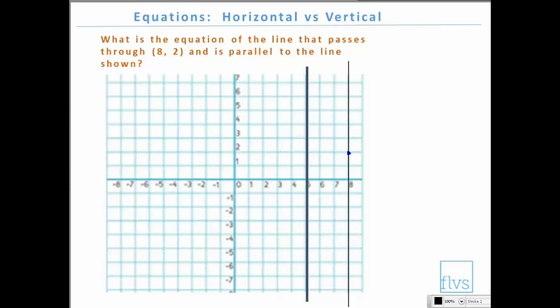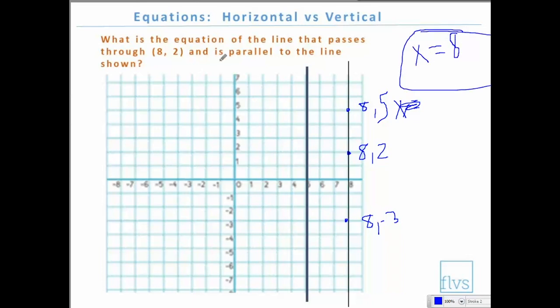So when we've got this line, again, if we know vertical lines are x equals equations, maybe you've memorized the rules. Or maybe you still need to throw a couple points on here and see what never changes. So if I'm at 8, 2 here, but I'm at 8, 5 here, and I'm down here at 8, negative 3, I can see that the x must always equal 8, and that's the equation of the line that's parallel to 8, 2.